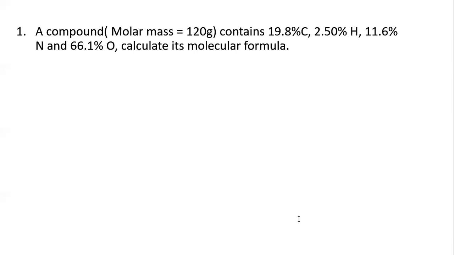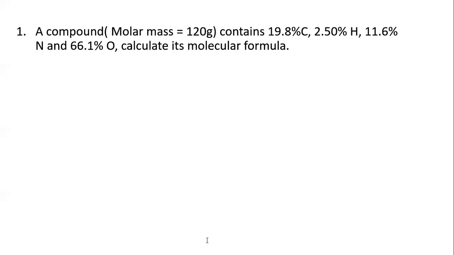Now there are different ways you can approach solving for the molecular formula. If you do it a different way and you get the same answer, no problem. But for us, we're going to first calculate the empirical formula, and from the empirical formula, we can calculate the molecular formula.